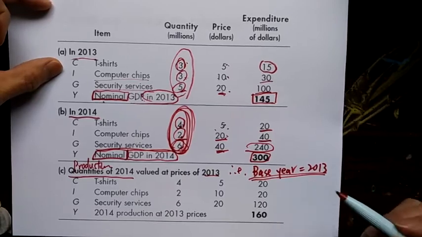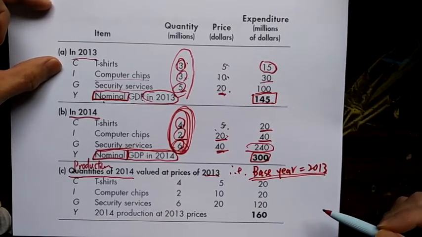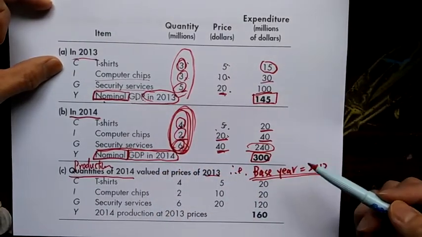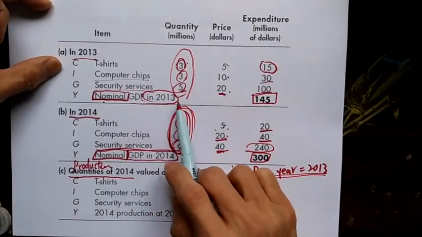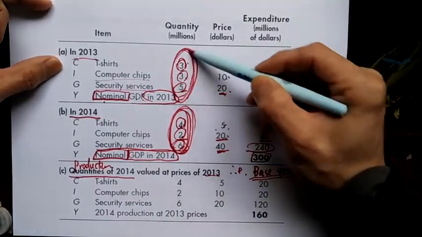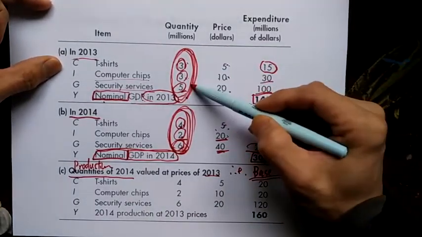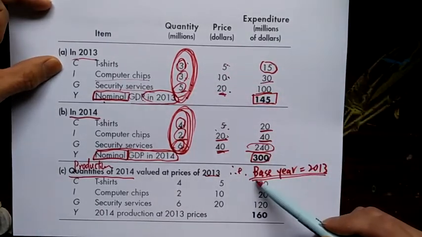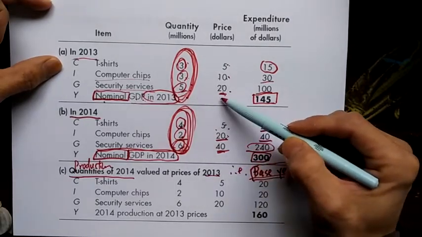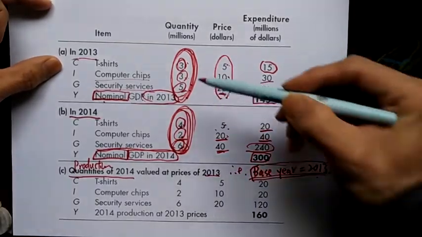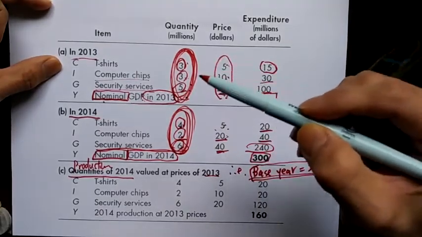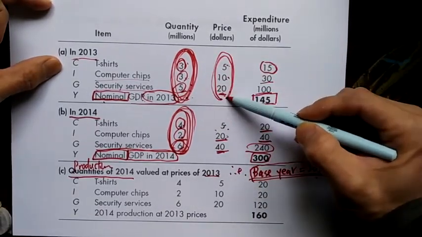Now we want to calculate real GDP. Well, first, what is real GDP in 2013? Real GDP in 2013 is the 2013 production valued at the base year price. What is the base year? 2013. Okay. So what is the value of these productions valued at this price?